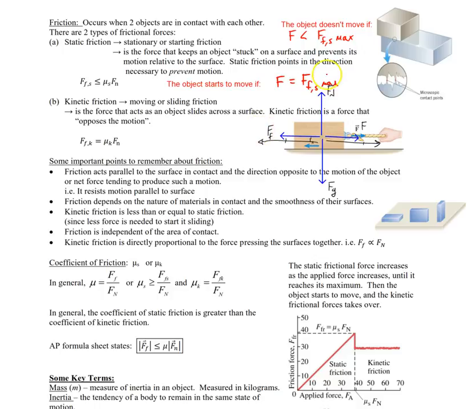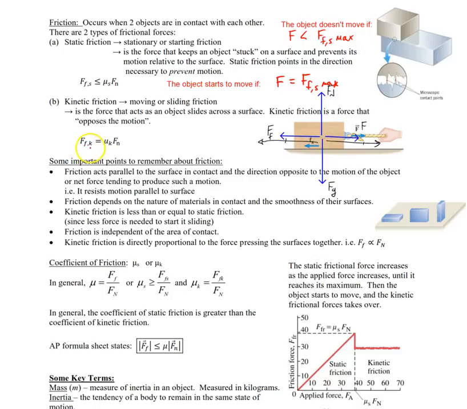So when the maximum frictional force is equal to the applied force, that's when the object starts to move. So when you apply a force that's bigger than the static frictional force, then this heavy object starts to slide. And the static frictional force that is shown over here is replaced by a kinetic frictional force, represented by F sub F K.